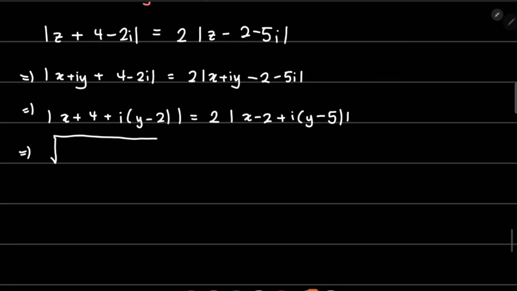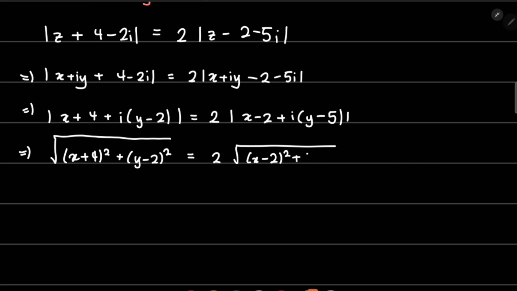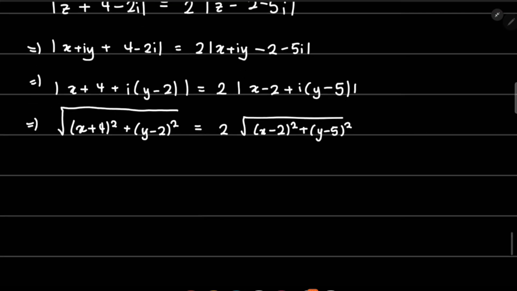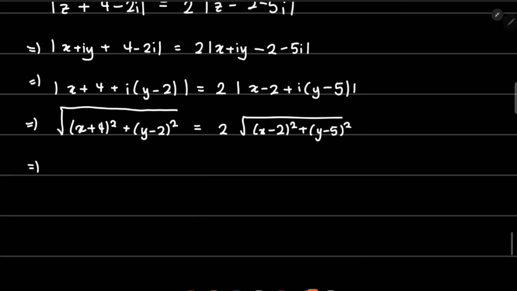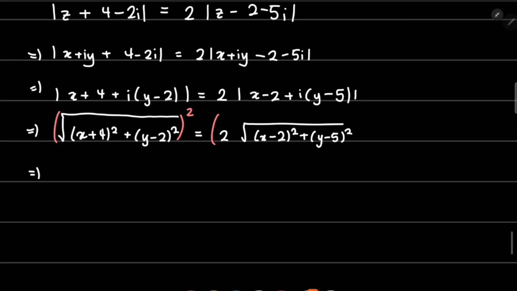Now I'll use Pythagoras theorem to calculate the values. So I get root of (x + 4) whole squared plus (y - 2) whole squared equals 2 times root of (x - 2) whole squared plus (y - 5) whole squared. Now I can square both sides. So I squared this and I squared this.